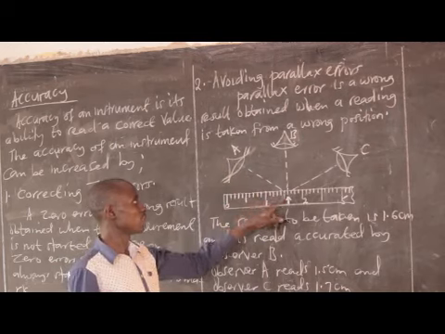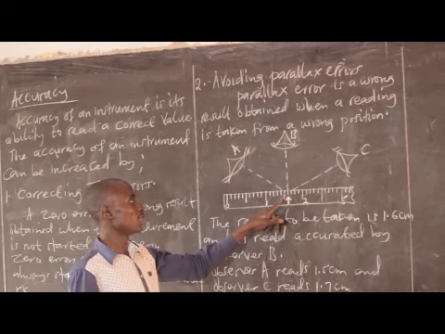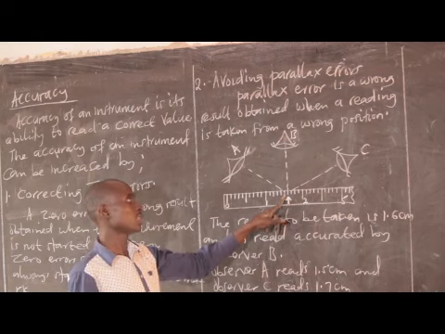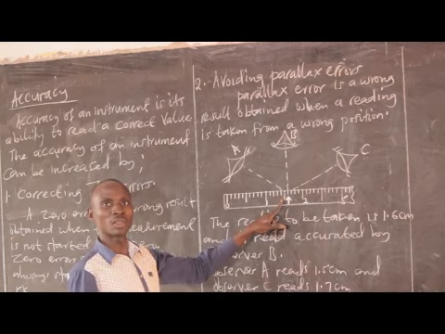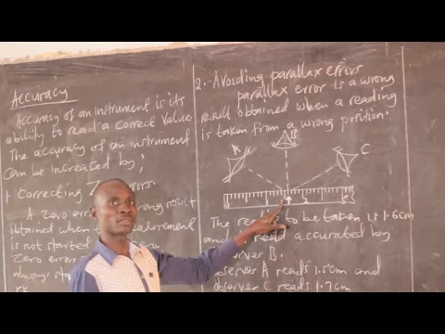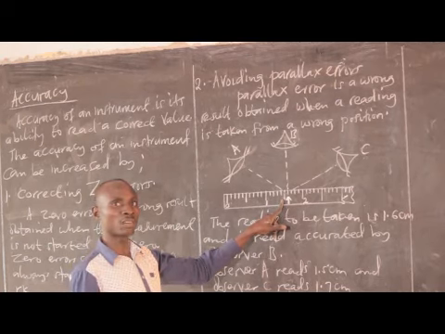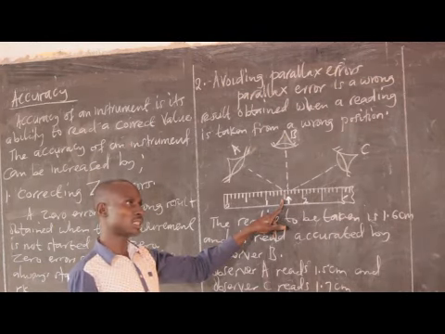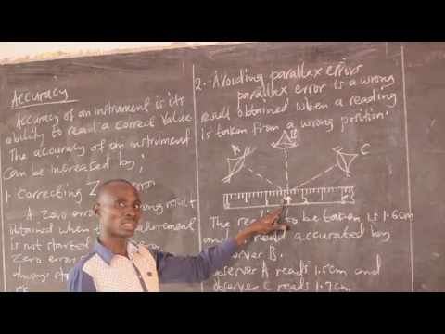This one is likely to take a reading of 1.5 when the true value is 1.6. When you say 1.6 minus 1.5, you get 0.1. The difference between the measured value and the true value is the error.